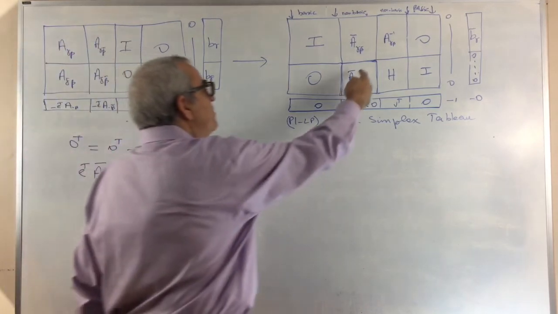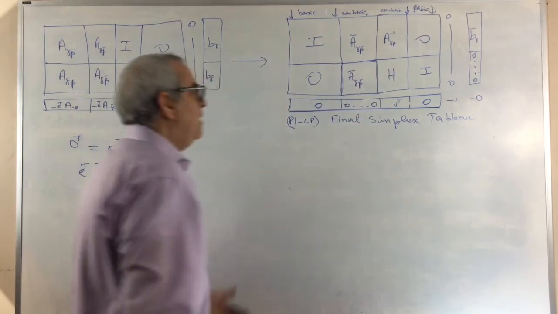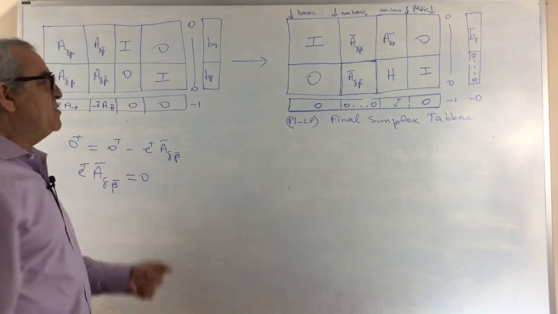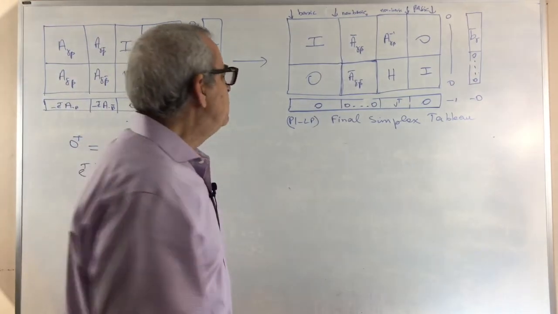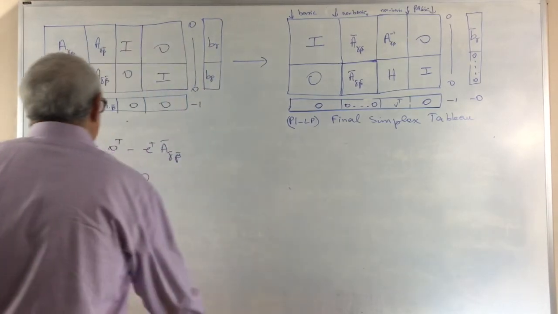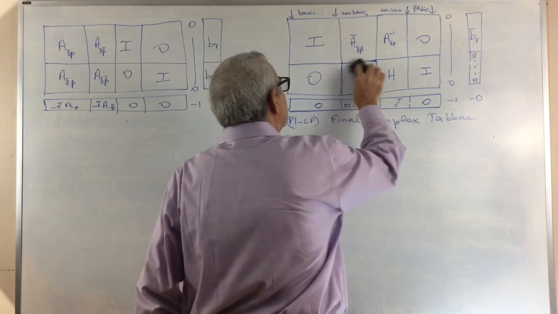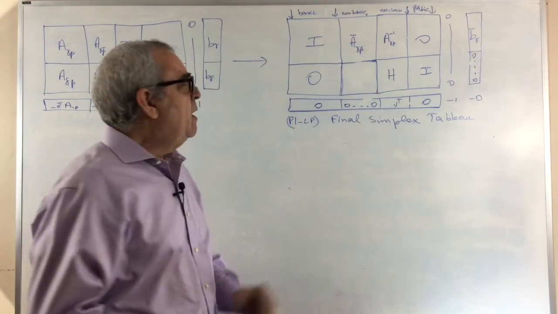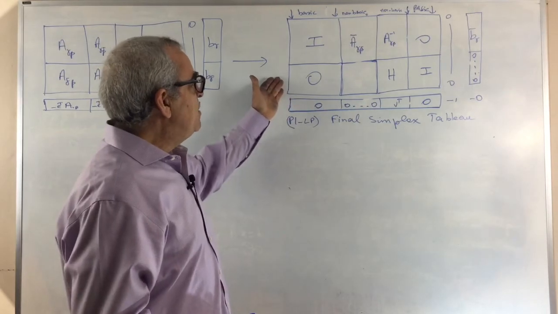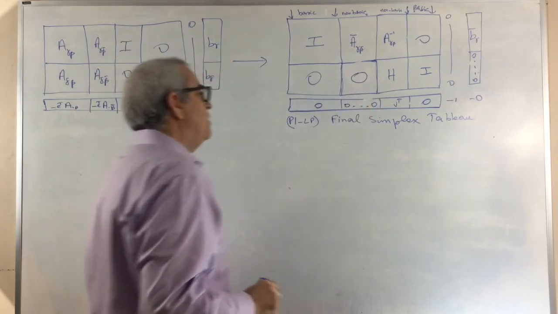So the sum of the terms here is 0. And if there are no positive terms there, then every one of them is 0. Okay? So here, after I pivot on all the positive terms, I'm going to end up with a similar tableau like this, but here is a bunch of zeros. So big 0 here.